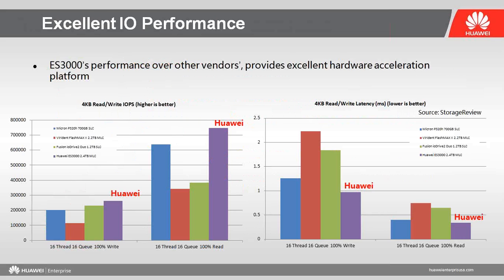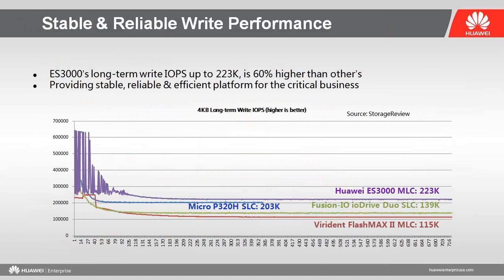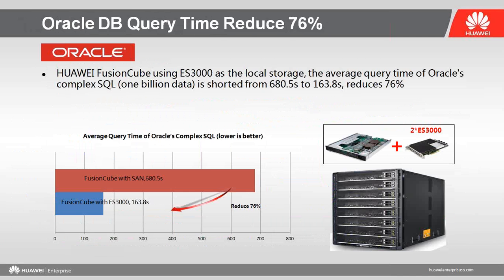So we have better IOPS and lower latency. We're bringing a quality solution to the market in terms of performance. On stable writes, the long-term write capability, we're ahead of our competitors as well. All of this information comes from storagereview.com, and you can go out and check it there.